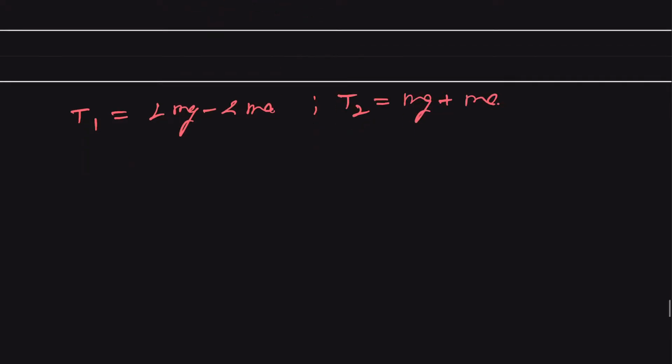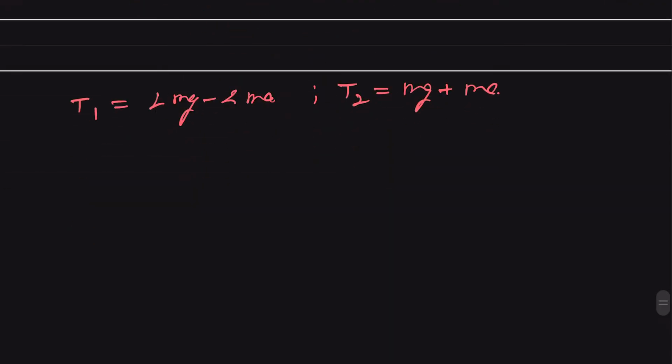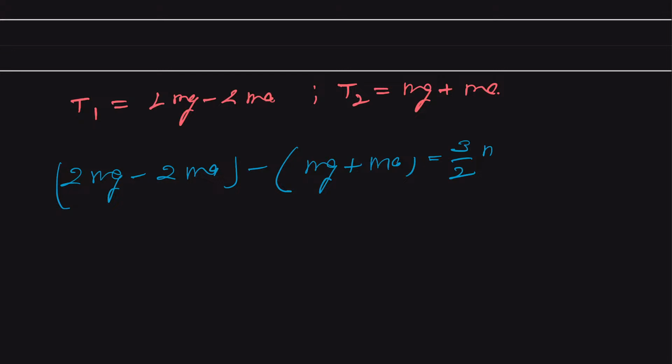We substitute in equation number 3 and get 2mg minus 2ma minus (mg plus ma) equals 3/2 times ma.